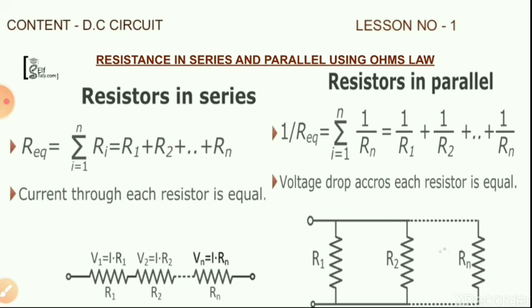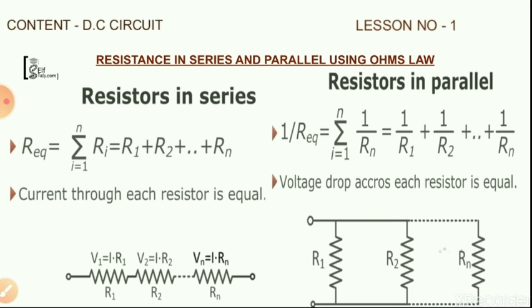The total resistance would be the summation of each resistor. Here you can see the formula: R equivalent equal to R1 plus R2 plus up to Rn. The summation of all resistors in series will be the equivalent resistance, meaning the total resistance.